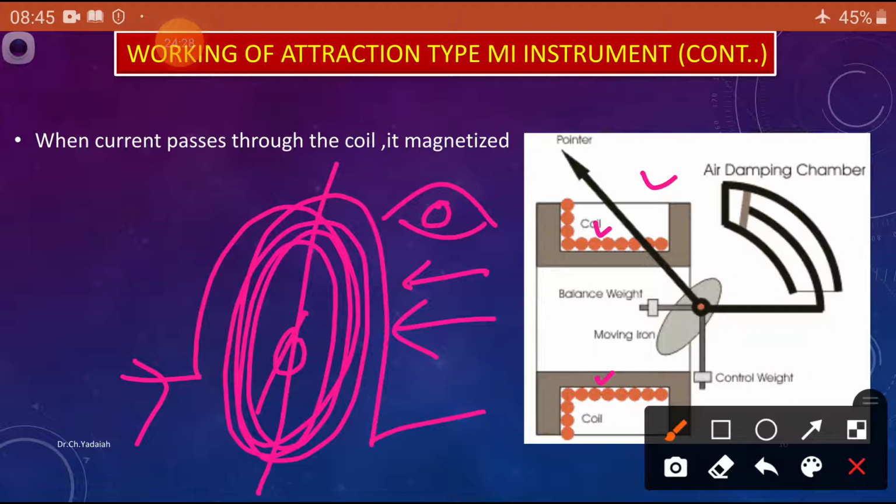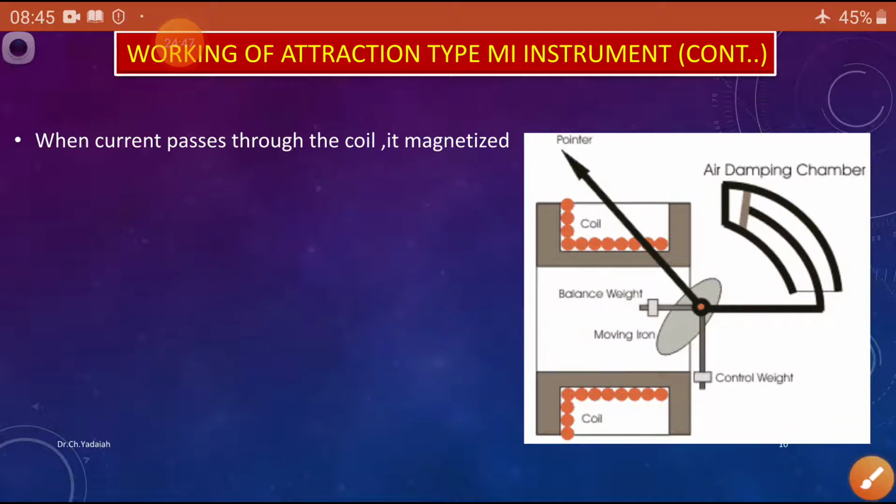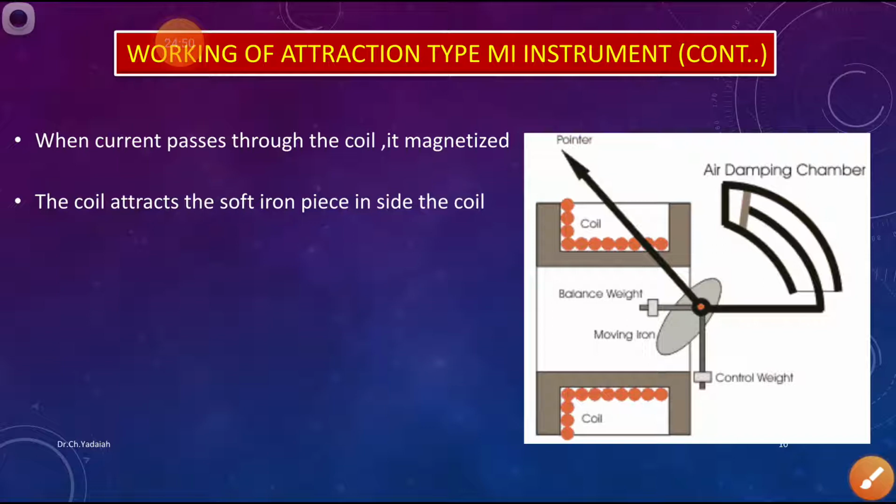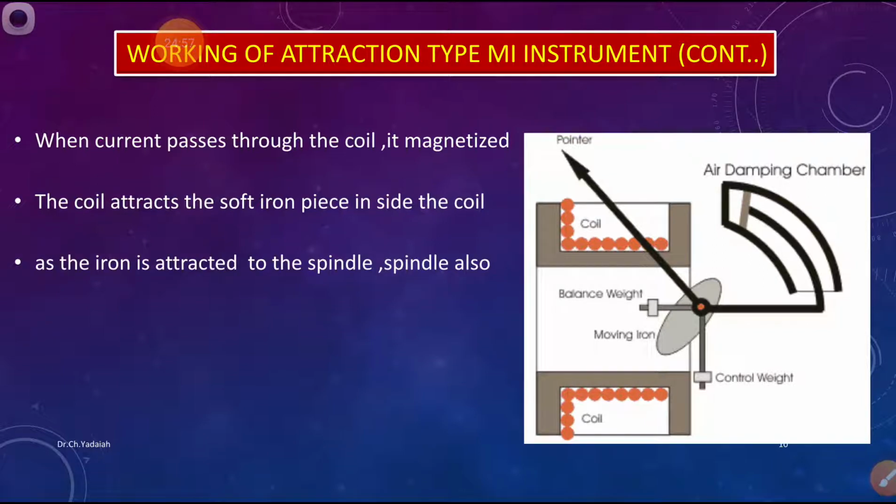When current is passing through the coil, what happens? A strong magnetic field is developed inside the coil. Due to this magnetic field, an iron piece placed nearby is attracted. The coil attracts the soft iron piece inside the coil due to the strong magnetic field. As the iron is attracted, it is attached to the spindle, and the spindle also rotates.